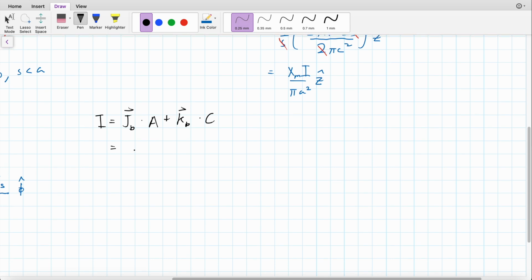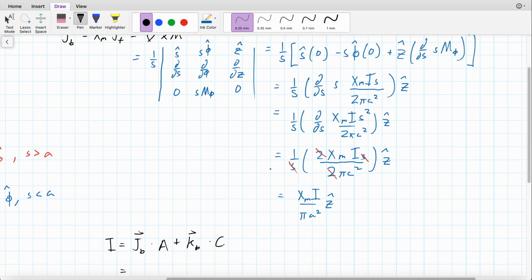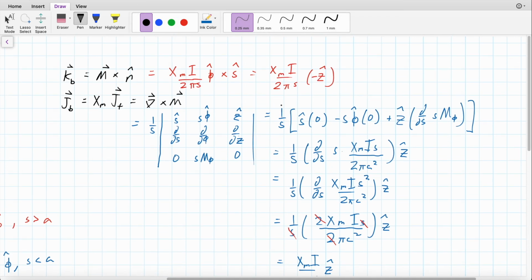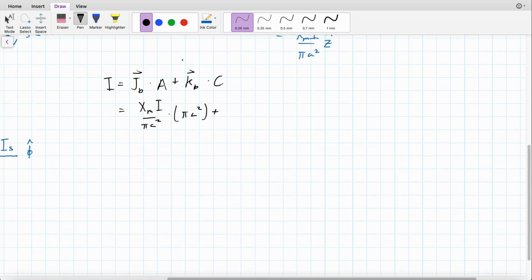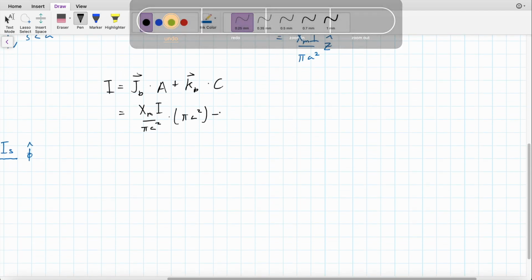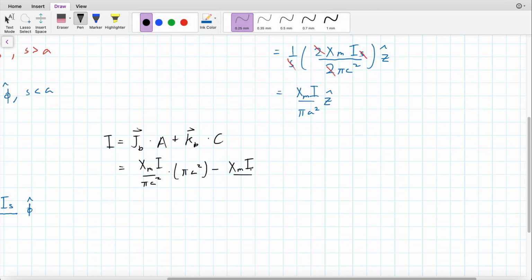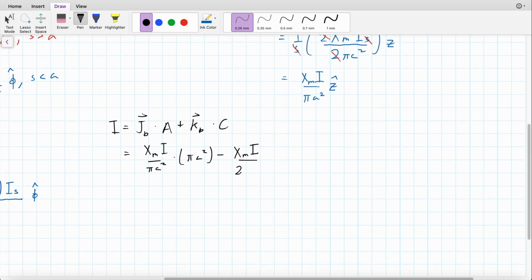So substituting all of this in, J_B, we have chi_m I_free divided by pi a squared times the area of a circle, pi a squared, plus K_B, there's a negative, so this is minus, chi_m I divided by 2 pi a.